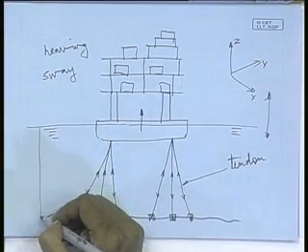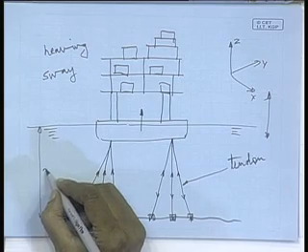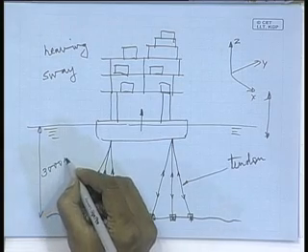So, that is what essentially the tension leg platforms are. And the technology as of today is that it can go down up to almost 3000 meter water depth.